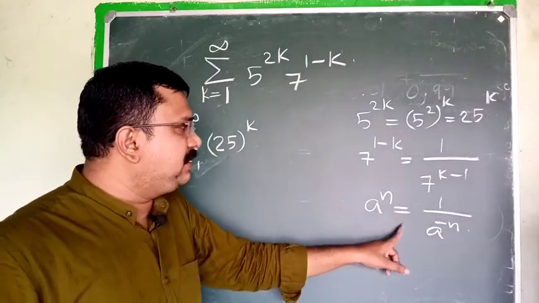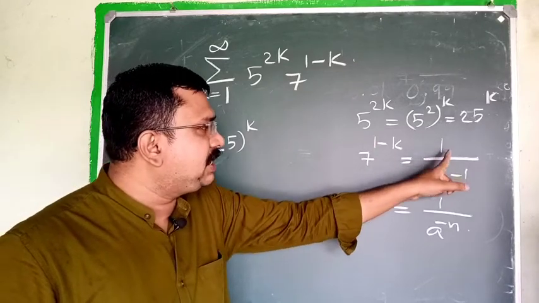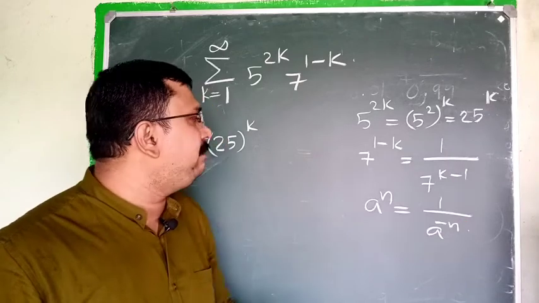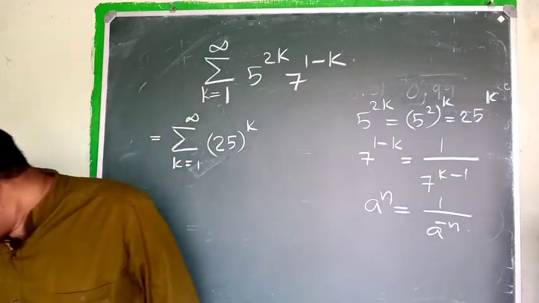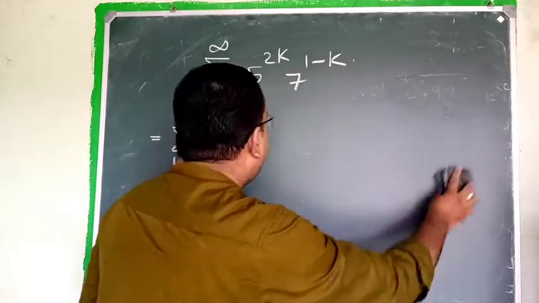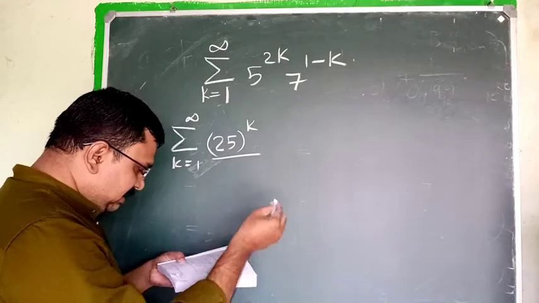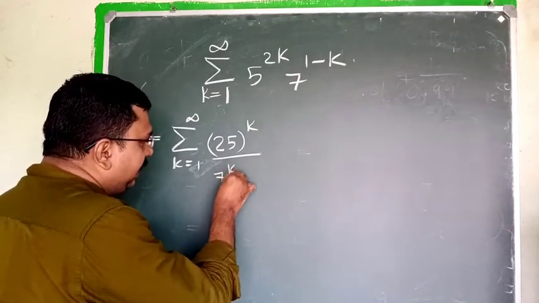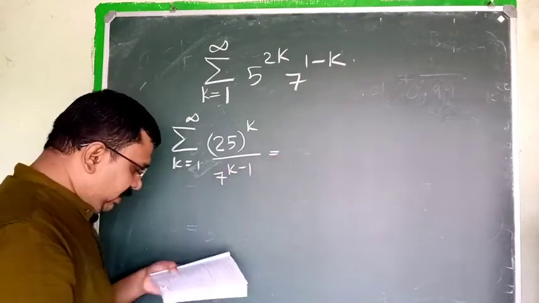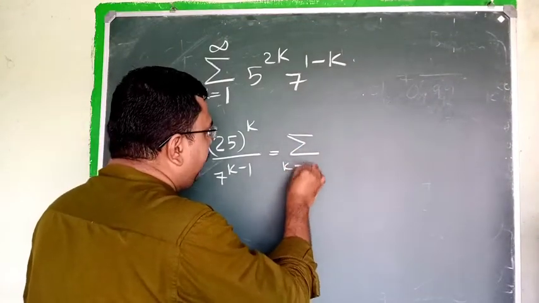When we are applying this result here, 7 raised to 1 minus k can be written as 1 by 7 raised to k minus 1. Therefore, this will become divided by 7 raised to k minus 1.